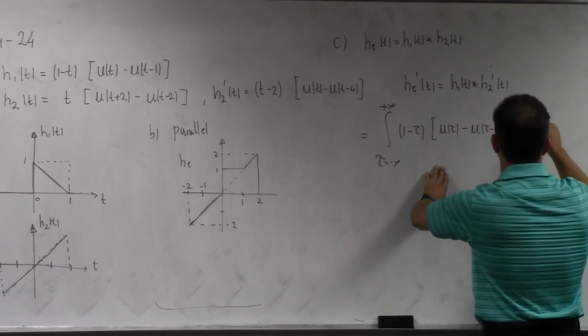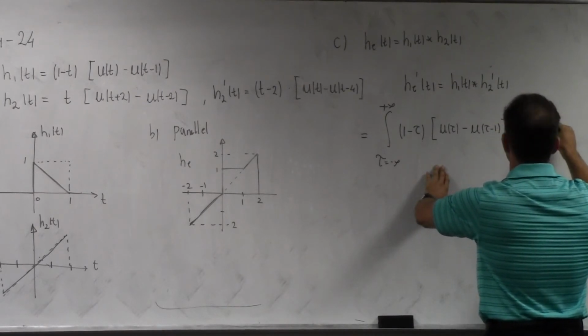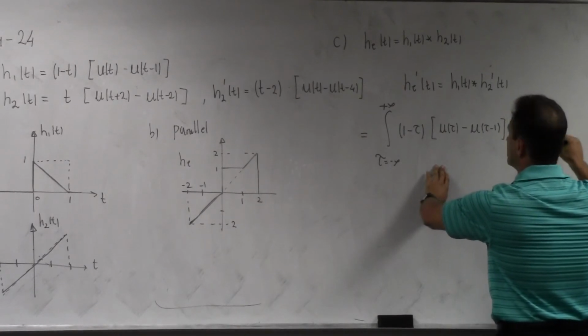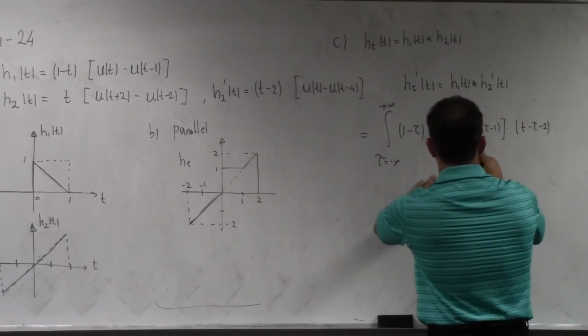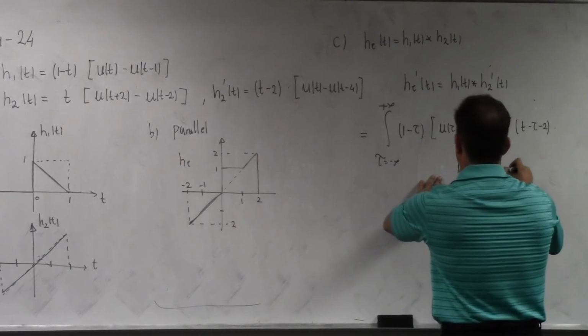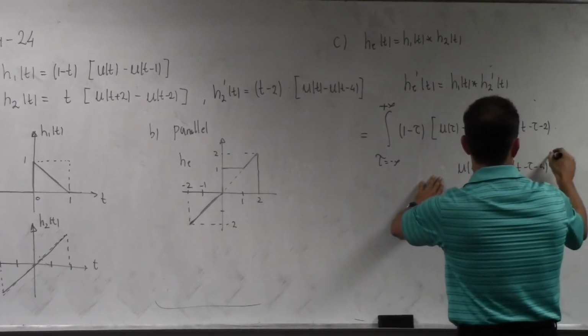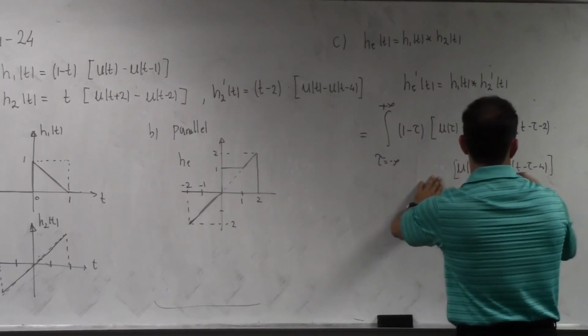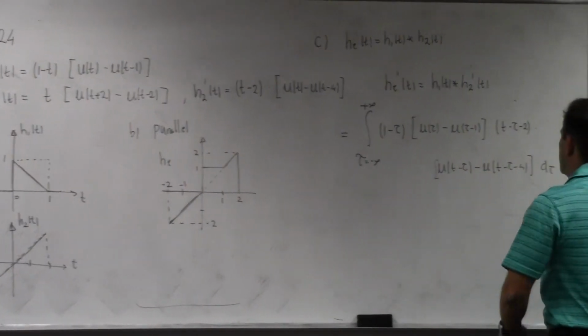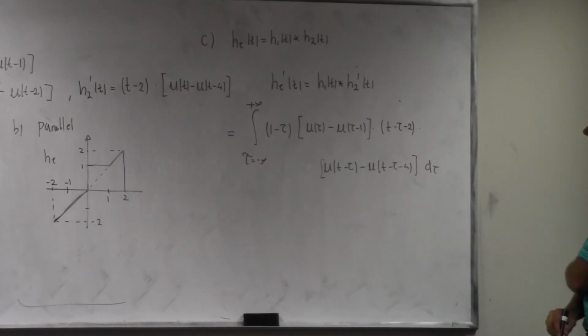So it's going to be t minus tau minus 2 times u of t minus tau minus u of t minus tau minus 4.